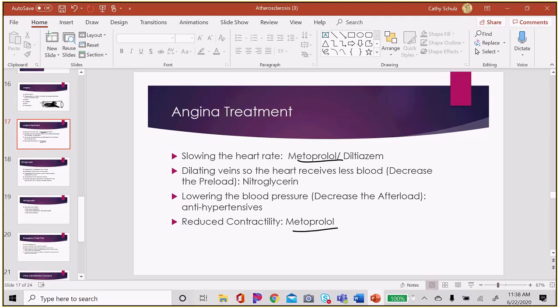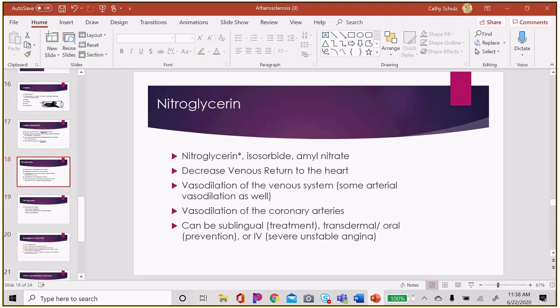So we have to do this a lot quicker. And the best way to reduce preload is to use nitroglycerin. So nitroglycerin decreases venous return to the heart. So instead of pulling the fluid off and having the person urinate the fluid, we are going to hide the fluid by hiding it in veins.